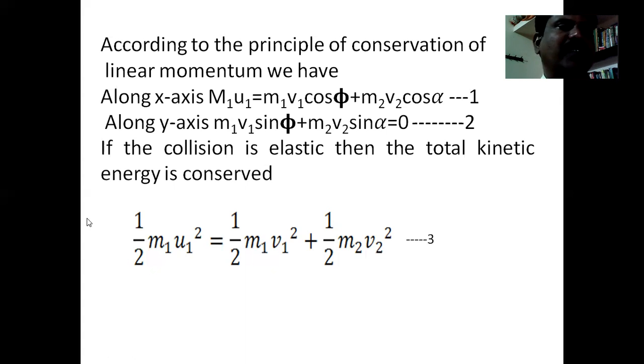So 1/2 m1 u1 squared is the initial kinetic energy of the first particle, whereas the second particle is at rest, so you get only this quantity. This should be equal to 1/2 m1 v1 squared plus 1/2 m2 v2 squared, the kinetic energy of the two particles after collision.